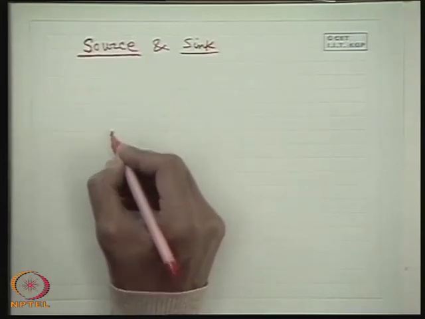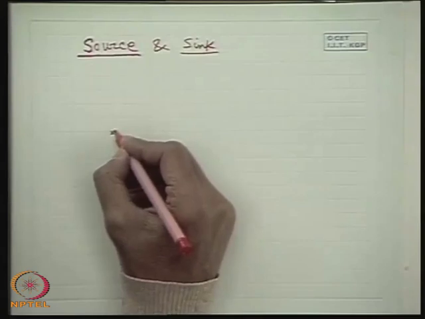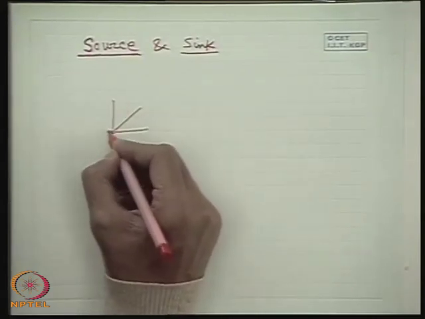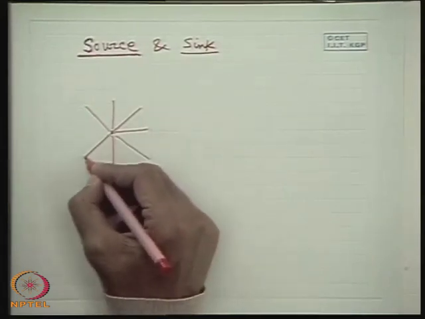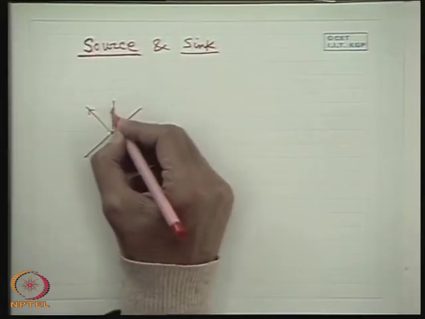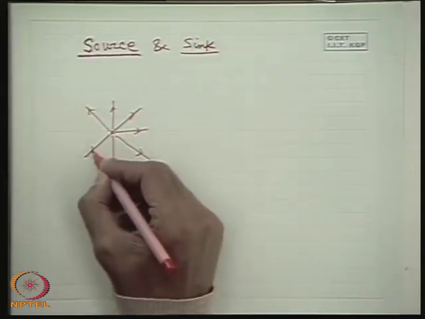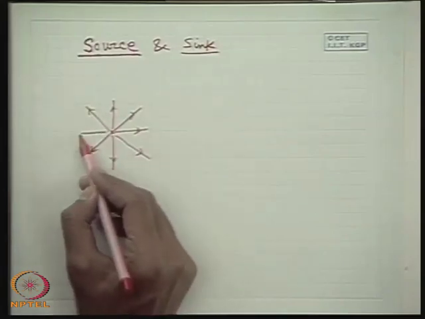In a two-dimensional flow, a source is like this: from a point the streamlines are coming out radially. That means the flows are coming out radially and uniformly in all directions, so the streamlines are radial lines with uniform spacing.